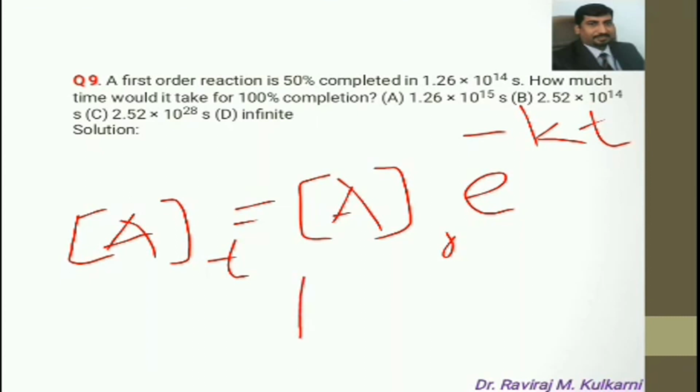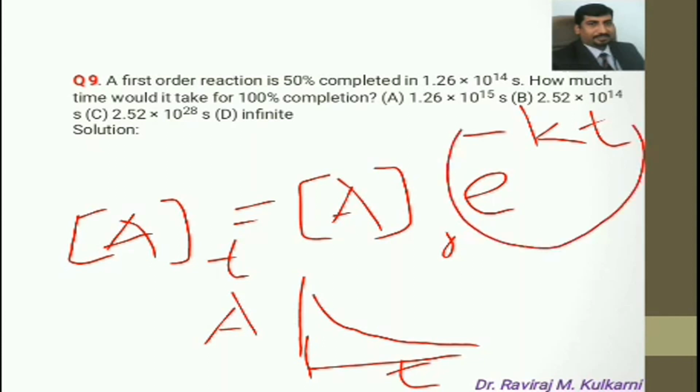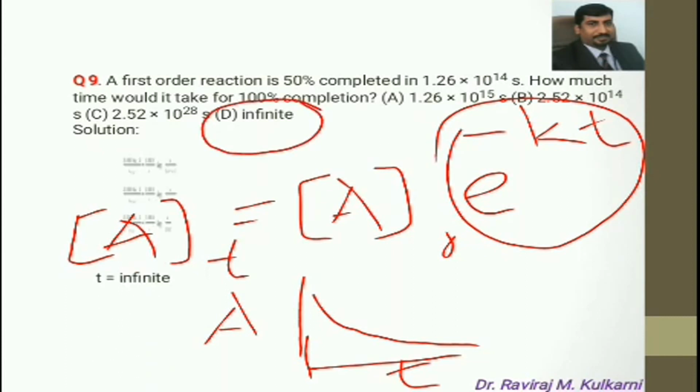If you plot concentration of A versus time, it never reaches 0. Some reactant will be left, because it's an exponential quantity. So it takes infinite time. The answer is infinite. You can solve this, but anyway you get infinite.